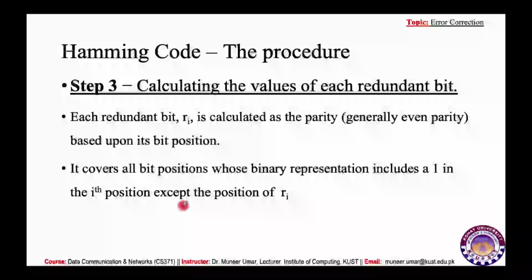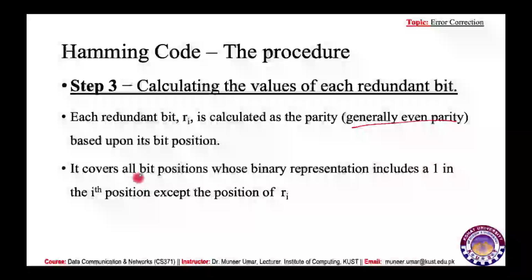Next is step number 3, calculating the values of each redundant bit. The value of a bit would be either 0 or 1. Each redundant bit Ri is calculated as the parity, which we usually take as even parity, based upon its bit position.